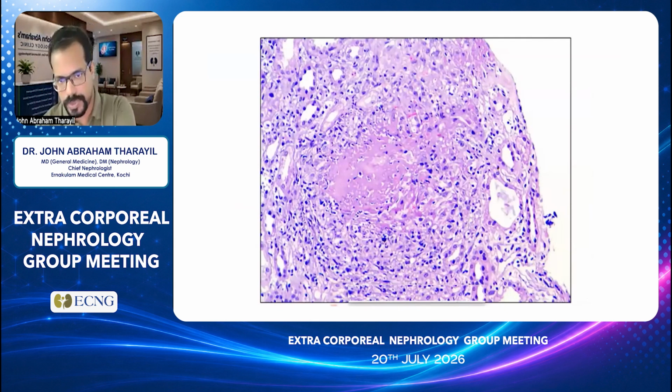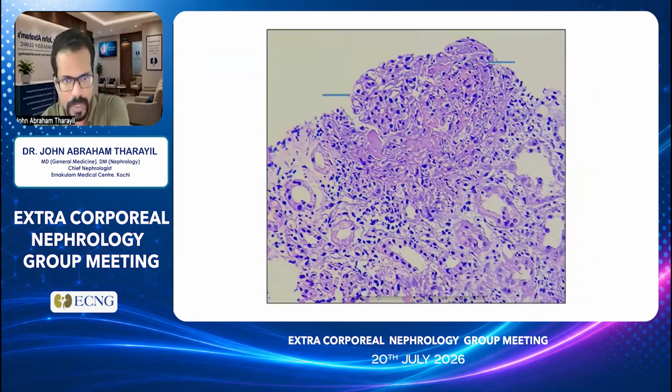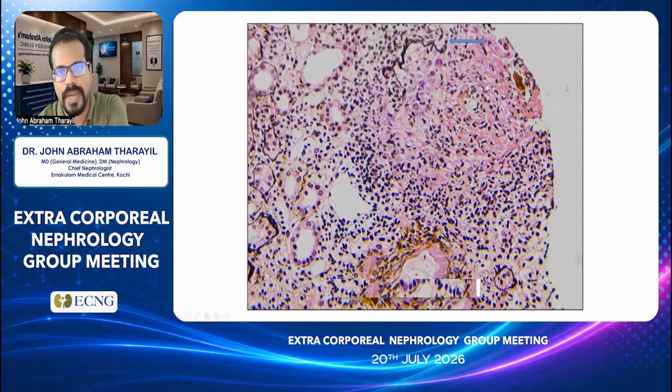So this was his kidney biopsy, which shows a large cellular crescent. The Bowman's capsule is destroyed. It is not visible. The crescent has replaced it, giving it a starburst appearance. In this picture, you can see the glomerular tuft and the crescents, which are cellular. In the tubules and interstitium, you find some amount of tubulo-interstitial injury and interstitial edema.